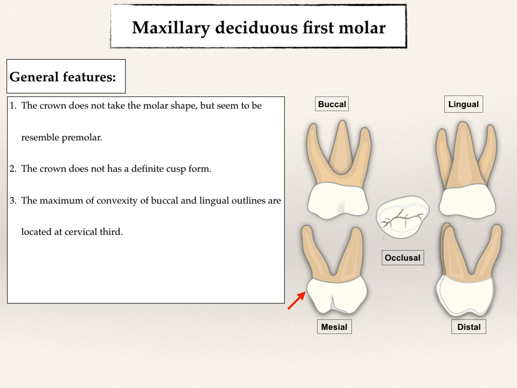The maximum convexity of both the buccal and lingual outlines is located at the cervical third. All primary maxillary molars have 3 diverged roots, and the lingual root is the longest.